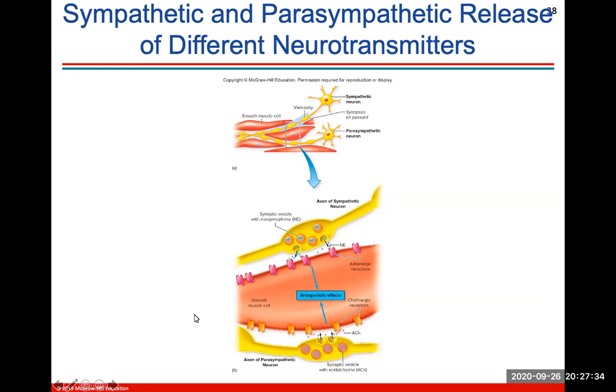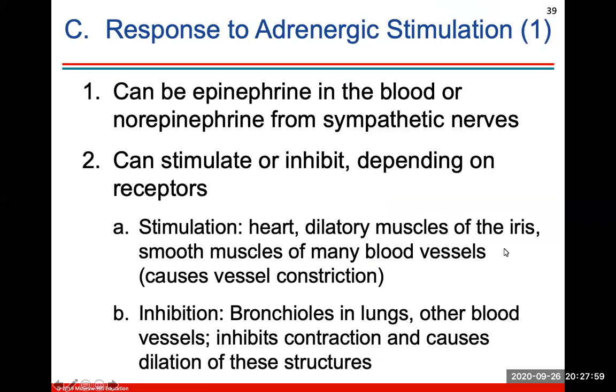You'll see here axons of a parasympathetic neuron will always release acetylcholine. Axons of a sympathetic neuron could release norepinephrine. So it's showing how both neurons could innervate the same effector organ, and each neurotransmitter would bind to a different receptor, and they would have antagonistic effects. That just means opposite effects.